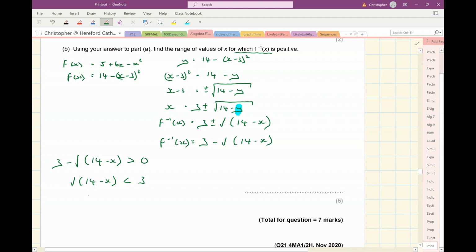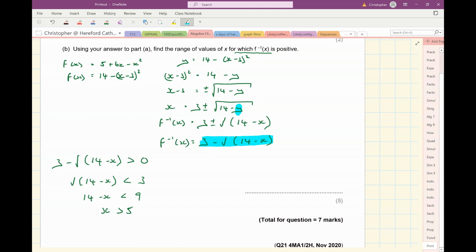So that will mean that 14 minus x will need to be less than 9. Okay, so if I want 14 take away x to be less than 9, I must be taking away at least 5. So x will have to be greater than 5. So find the range of values for which this expression here is positive. Well, certainly x has to be greater than 5, so that you're not subtracting more than 3 away from 3.